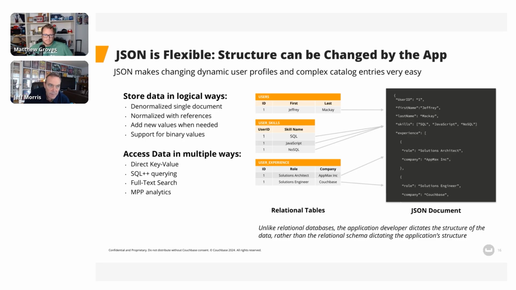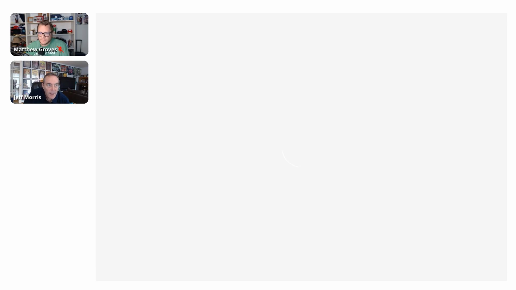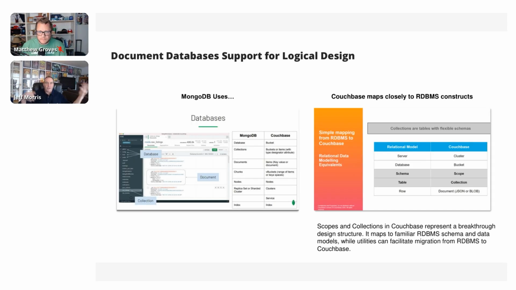But then let's talk a little bit about when we look at ourselves versus Mongo. How do you organize the data itself for some kind of logical design? Because while we talk about JSON being really flexible, you also sometimes want it to have real structure so that you can organize your thoughts and organize the data accordingly. What's the difference between these two here?